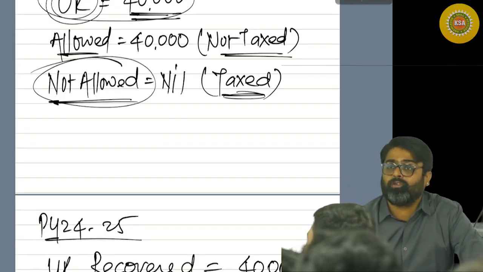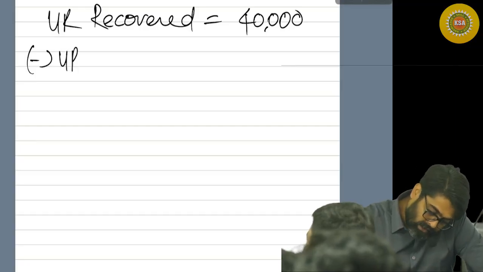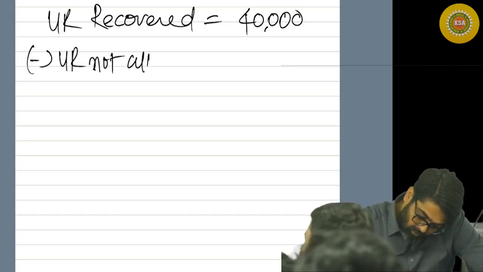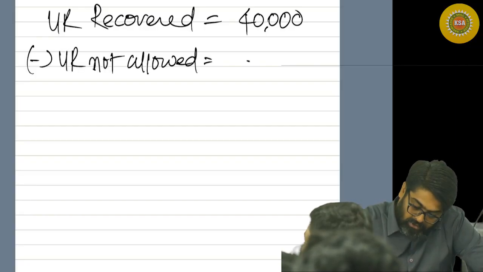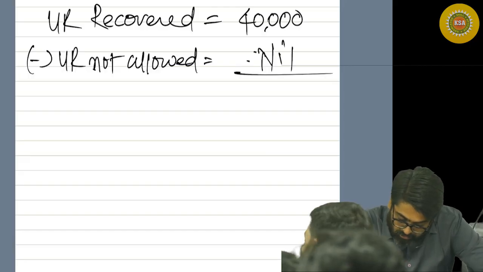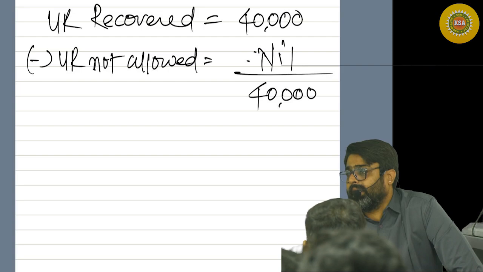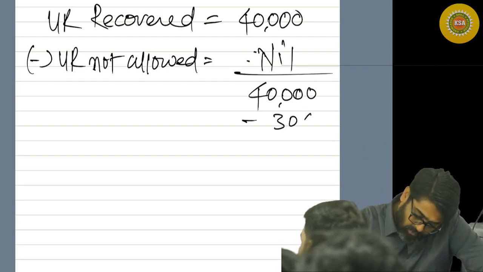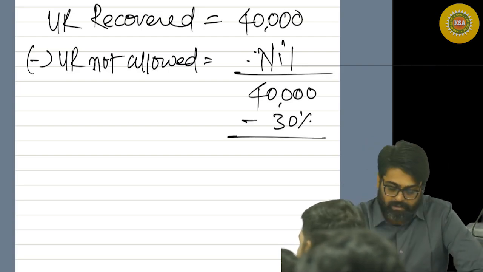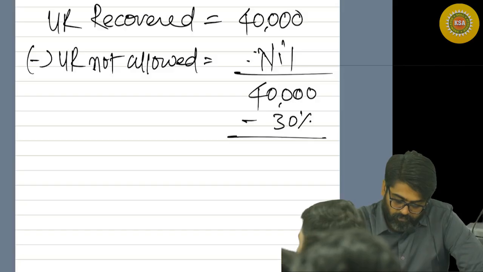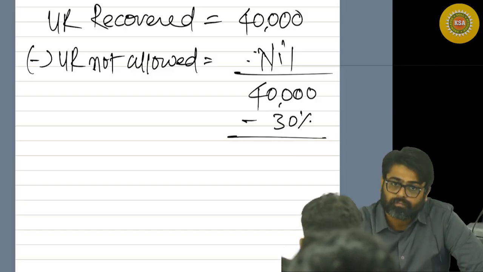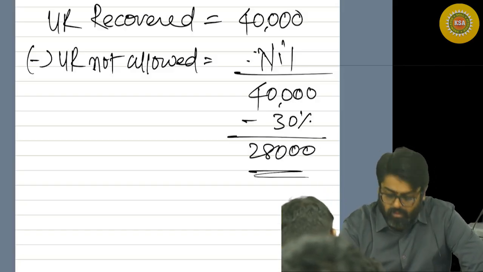The amount which was not allowed. How much was the unrealized rent not allowed? Nil. So tell me how much remaining? 40,000 will be taxable. Understanding or not? Minus 30% standard deduction. Tell me how much? 28,000 will be the final taxable amount.